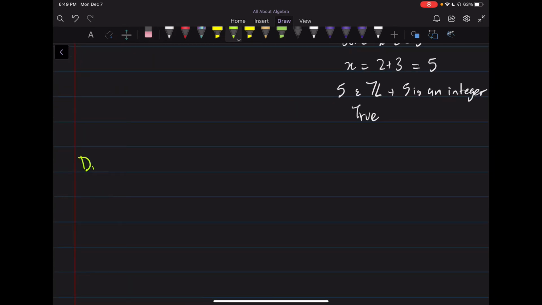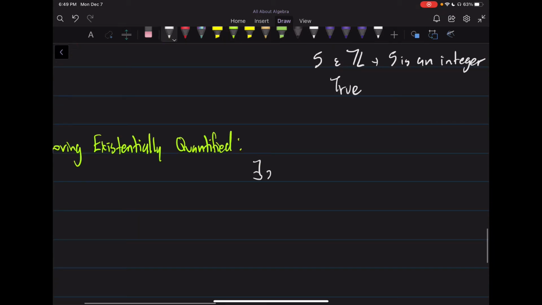Now what about disproving it? Well, what if we were to disprove an existentially quantified statement? In this case, we'd have something, again, that looks like this.